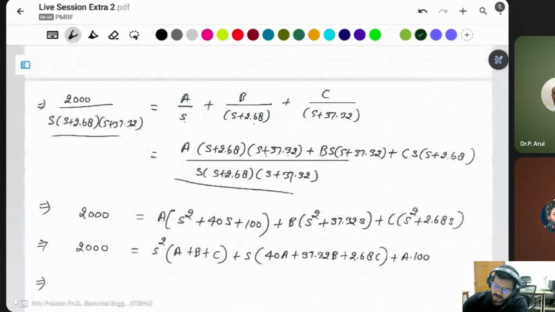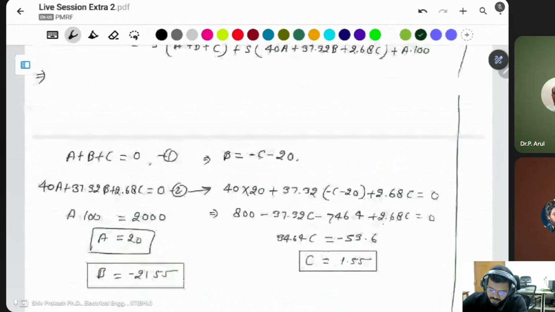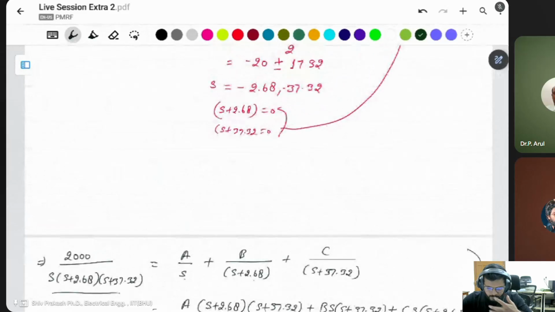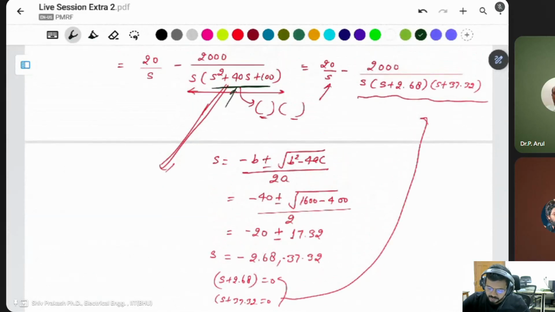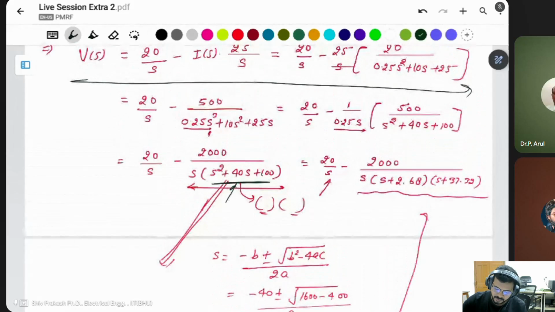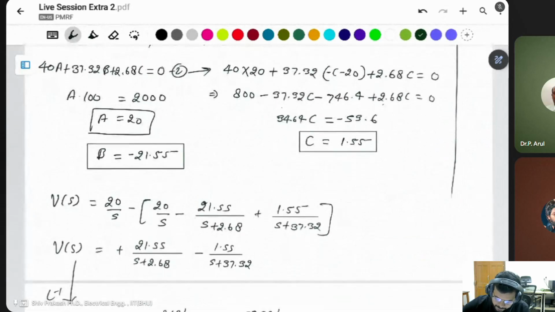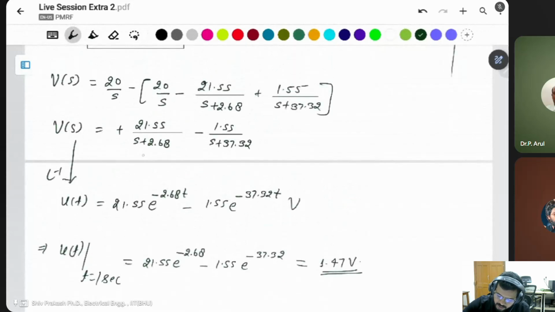No need for all of these steps; you can skip the steps and just calculate in your mind only, not write everything. Then this will make it short and easy to solve, not this lengthy. Okay, after partial fractions, simply use the inverse Laplace and you will find the answer.